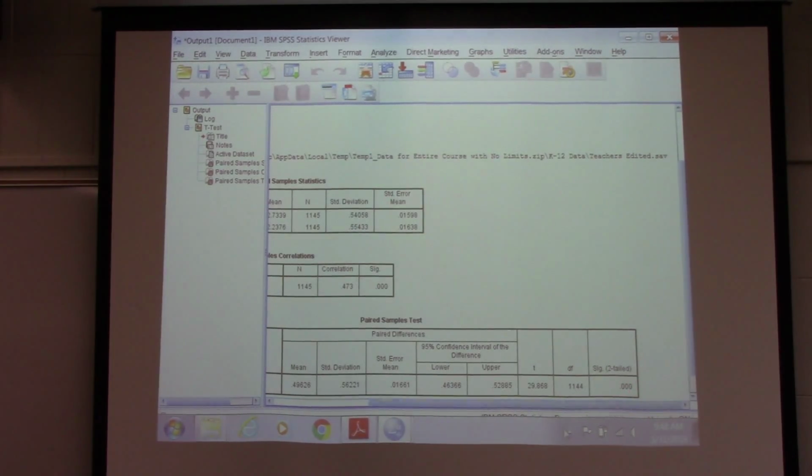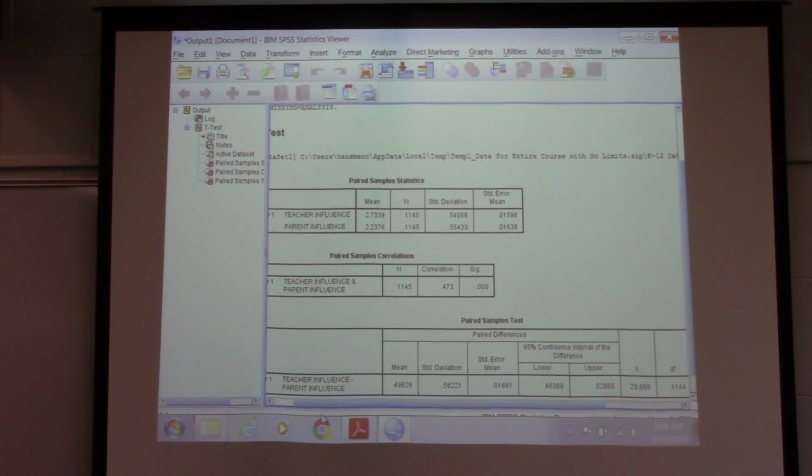So the way we would word that is we would look back up at our descriptive statistics in the first chart, and we can see that teacher influence was a higher number than parent influence.